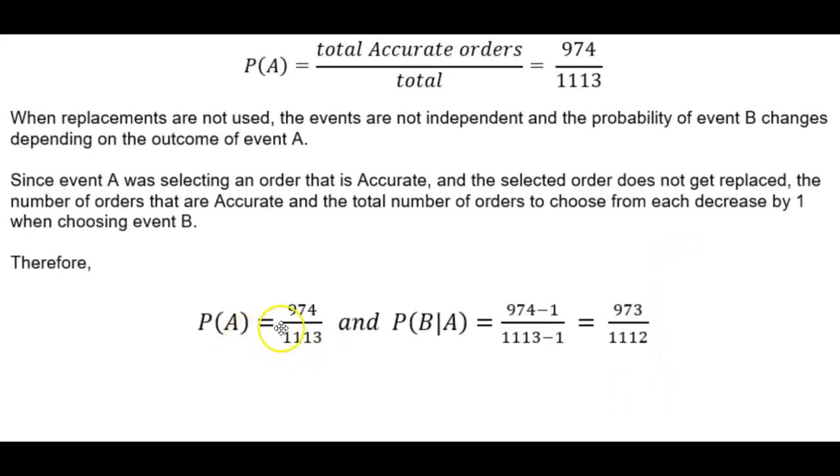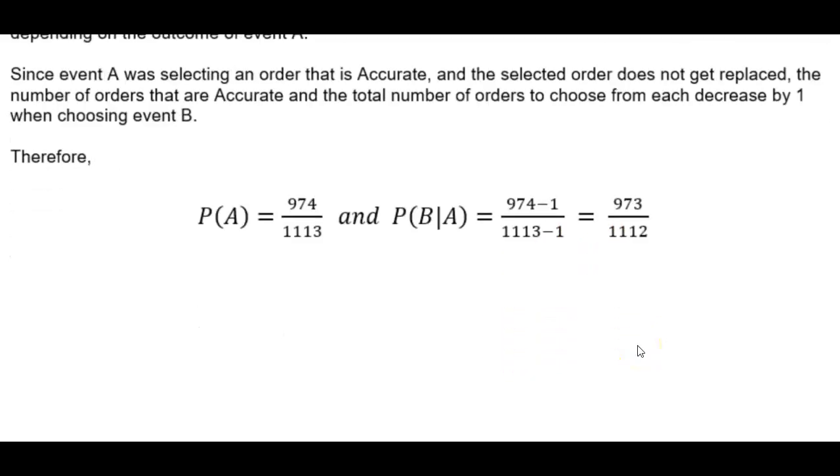Therefore, we would say the following. The probability of event A stays as 974 over 1,113, and now the probability of event B, provided that A has already occurred, is now we're going to subtract 1 because it's without replacement, so we need to subtract 1 from the 974 to give us 973, subtract 1 from the 1,113 to get us 1,112.